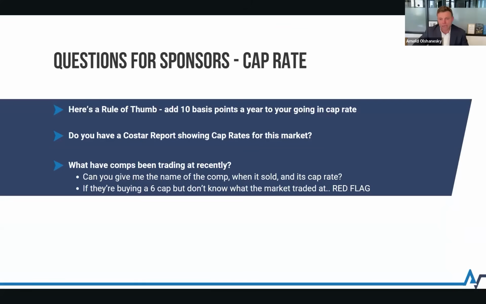If somebody tells you that the entrance cap is a 5 and the exit cap is also 5, there's no increase, there's no spread there, that would be a red flag. If there's anything below 10 basis points a year, you want to ask why. And there might be a good reason for that, right? So let's say, for example, Elon Musk announces that he's moving Tesla to the submarket.